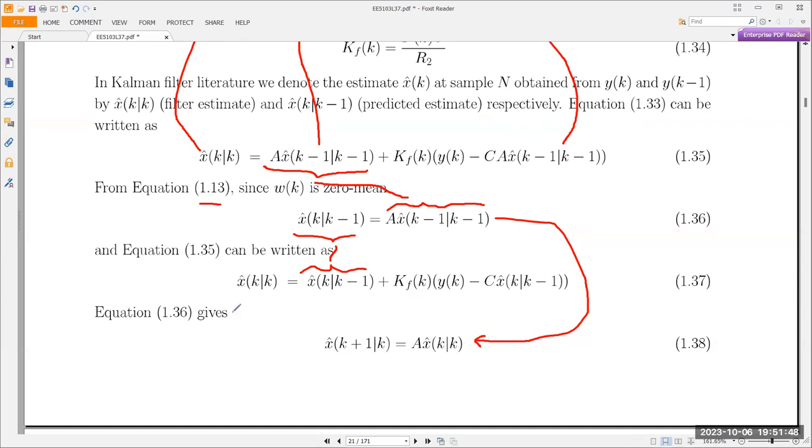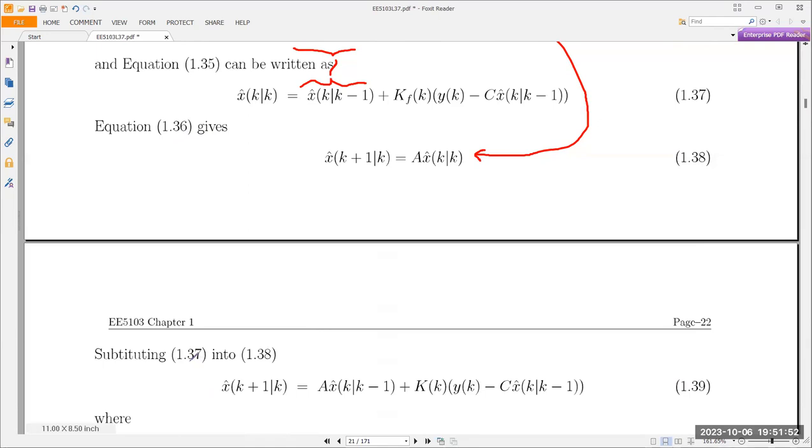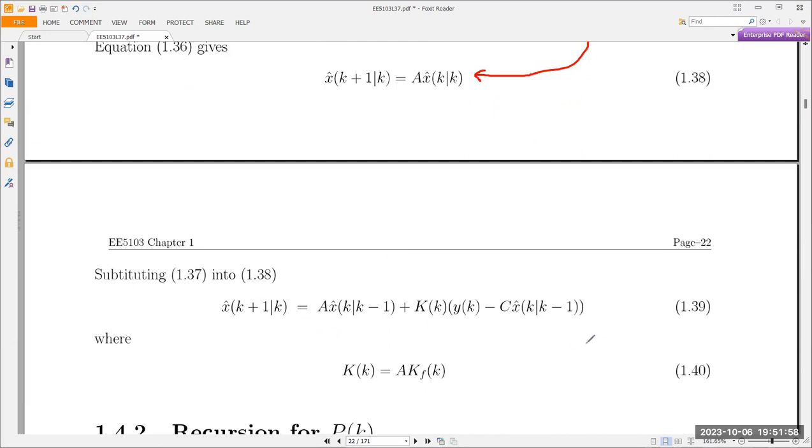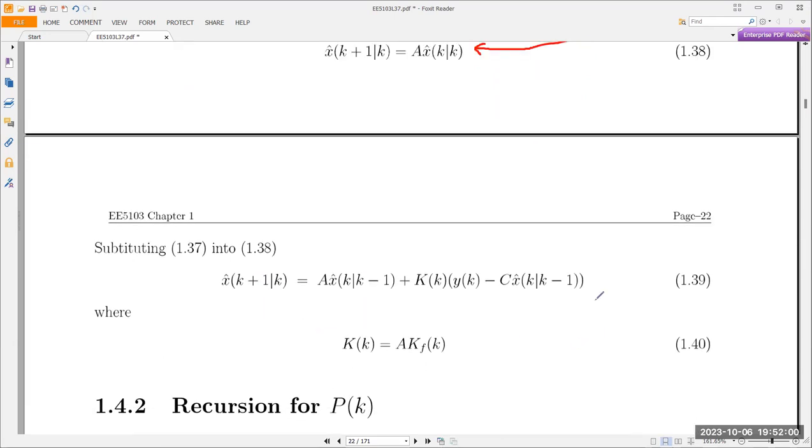So now finally, you put 37 into 38. You put 37 inside here, you will get this. So now you see, you get this estimate as a function of the previous estimate plus this.